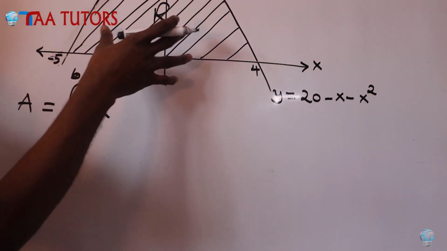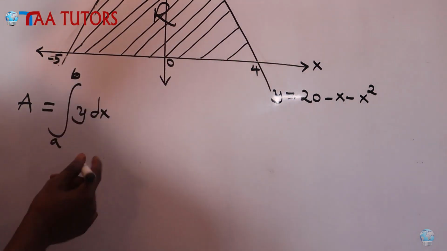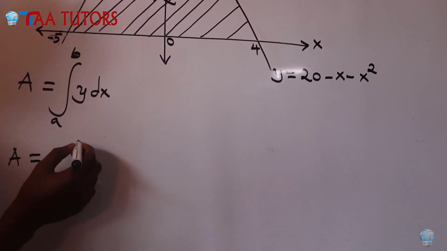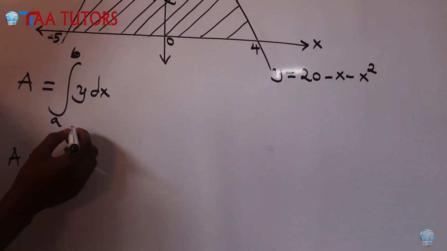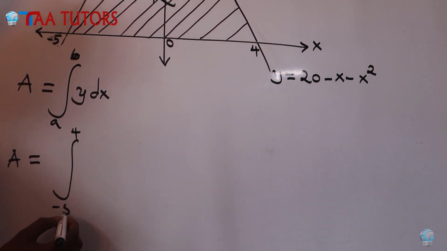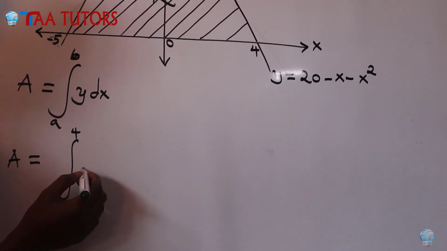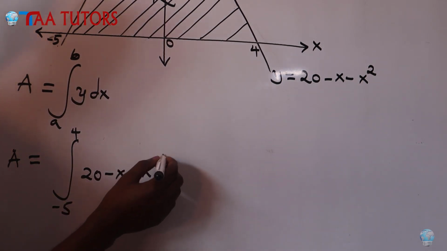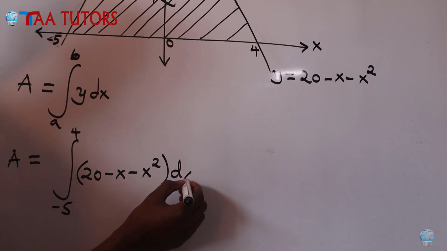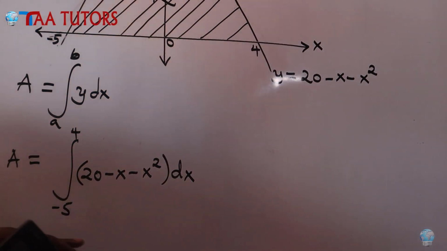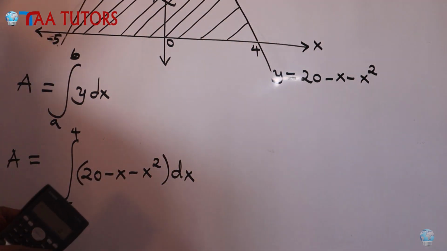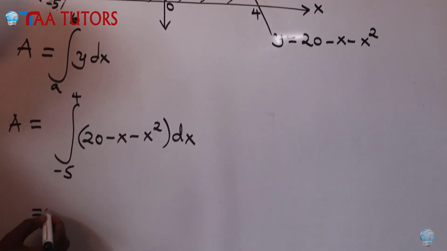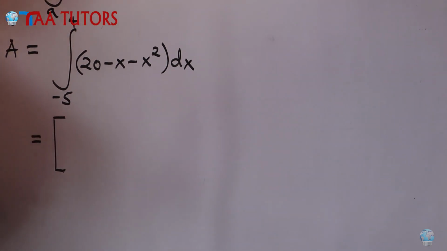So if I try to bring in what I have in this curve here, I will say area will be, the upper limit is 4, the lower limit is -5, and the curve is 20 minus x squared, put that in bracket, dx. So if I have this one here as the instruction to integrate, I'll move ahead to integrate. We'll say after integration, I'll get a bracket.